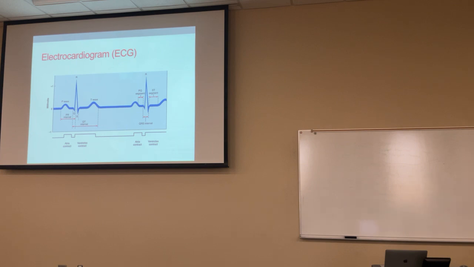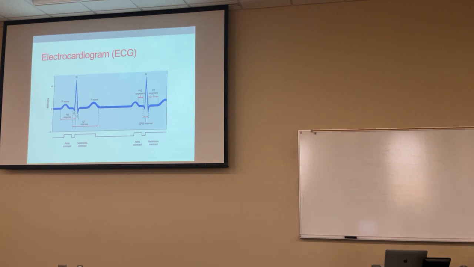So if you see those three waves, what that means is that the atria are depolarizing, that's your P wave, causing the atria to contract. And then the QRS complex means the ventricles are depolarizing normally, and the ventricles are contracting.